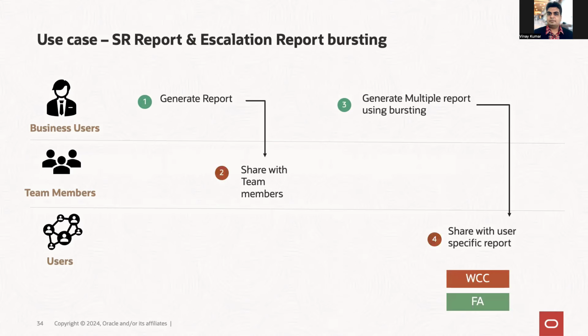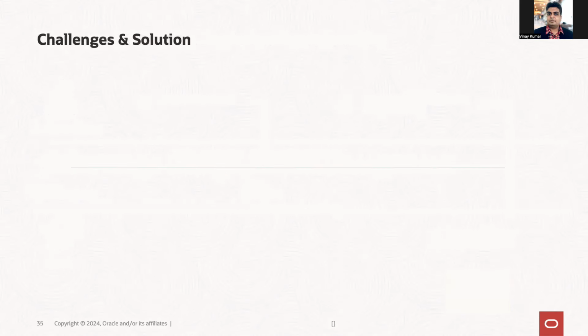So let's look at the challenges and the solution. In today's scenario, without having this solution, the challenge is that not everybody has access to the report, right? You have to go and ask people, you have to request over email, then somebody will attach that output, run it for you. There's a delay there, right? And then there's a risk also that I'm giving it to you over email. You may copy, you may share with somebody who should not have access to this, right?